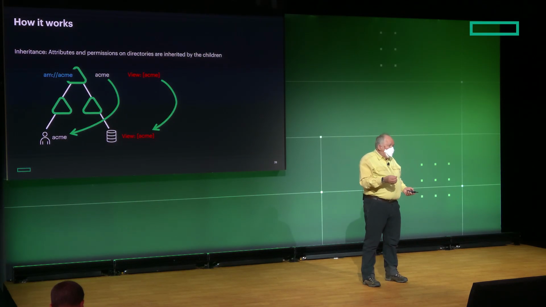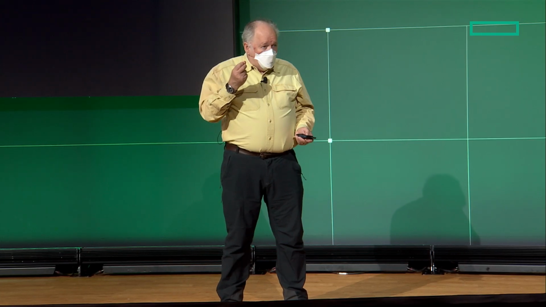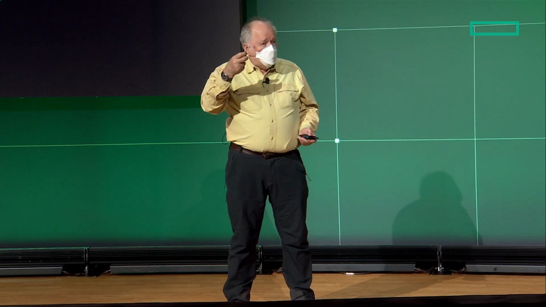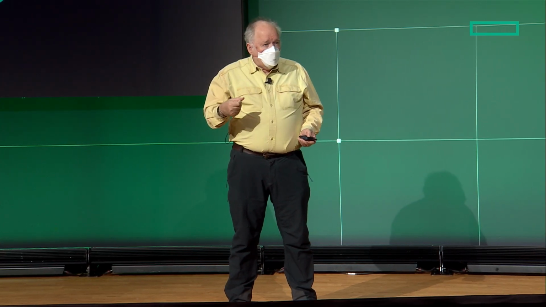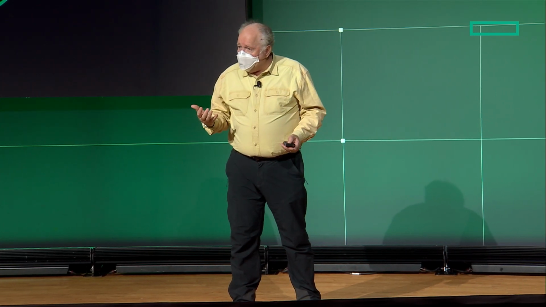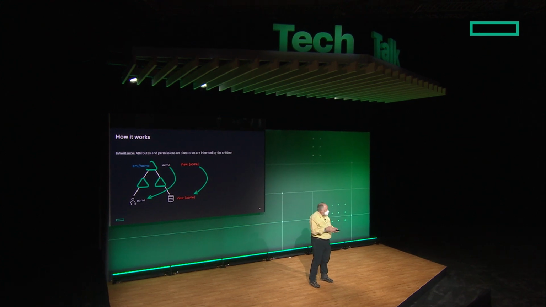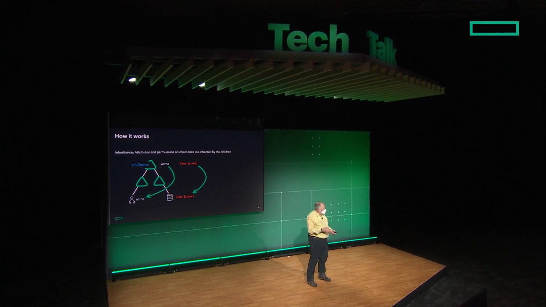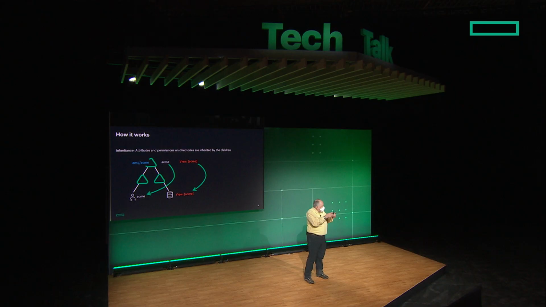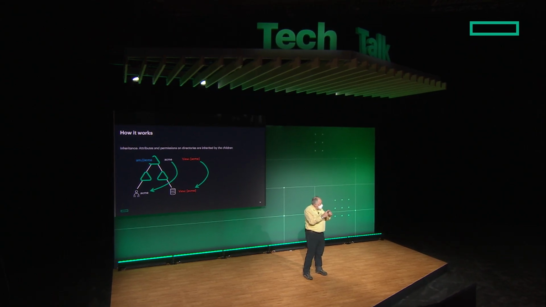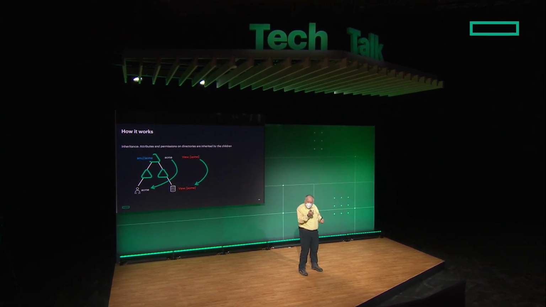It's that simple. One key property here, and this is crucial, is that once you inherit a permission, you can't uninherit it. This is the property that makes this simple to prove properties about, so that we can look only at the top level of Acme here. We can see that one permission that only Acme attribute holders can see Acme, and we know that that holds everywhere below that.